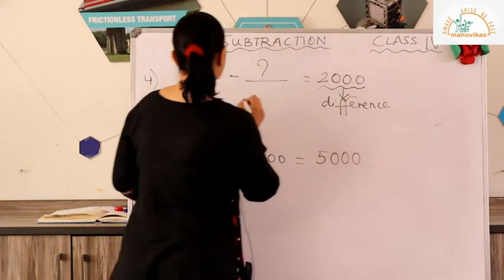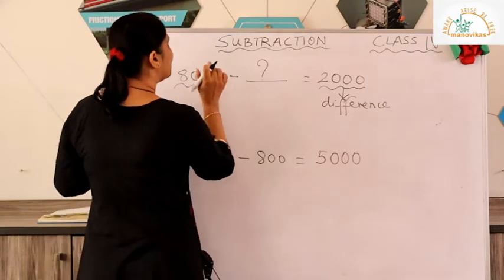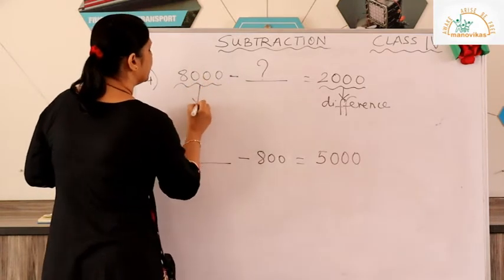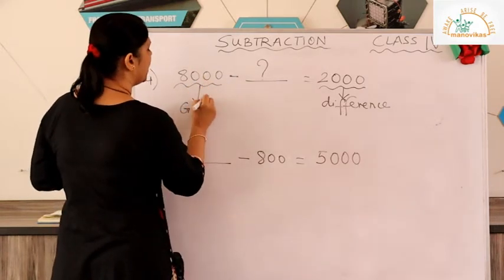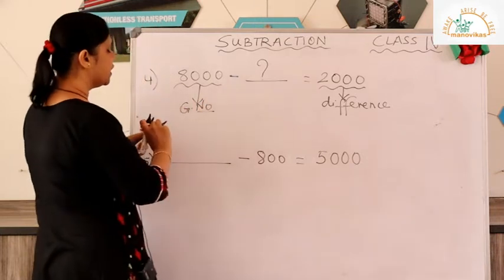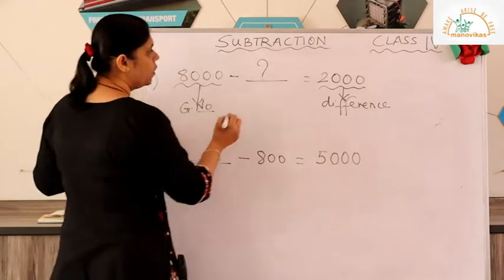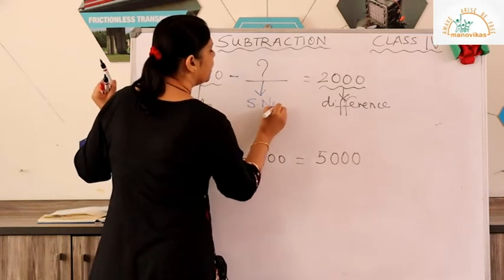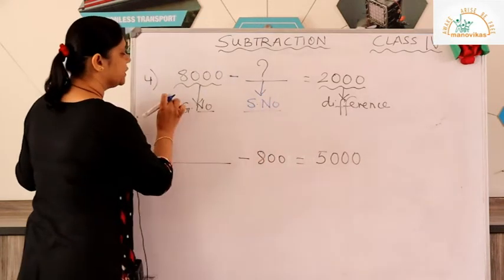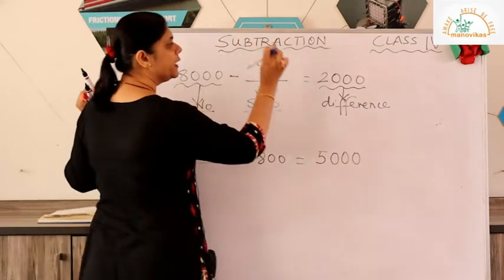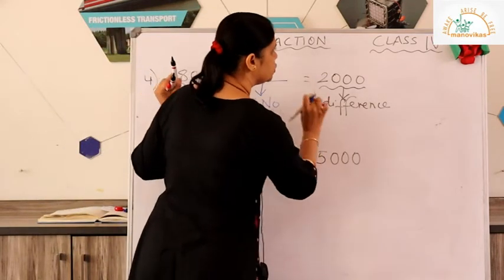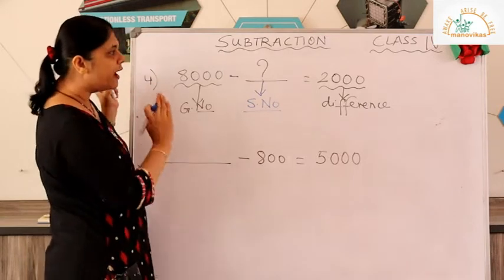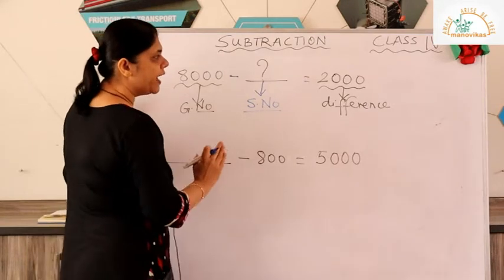Correct? The number from which we subtract is called the greater number or is always a greater number.